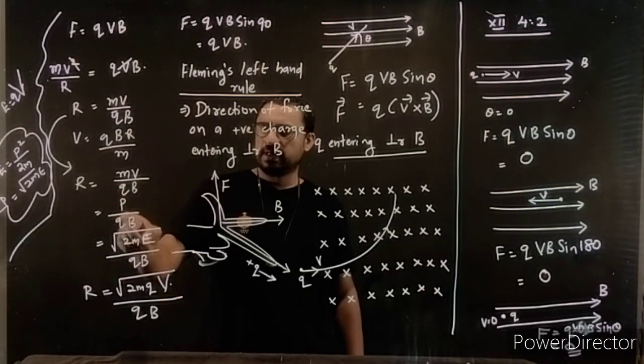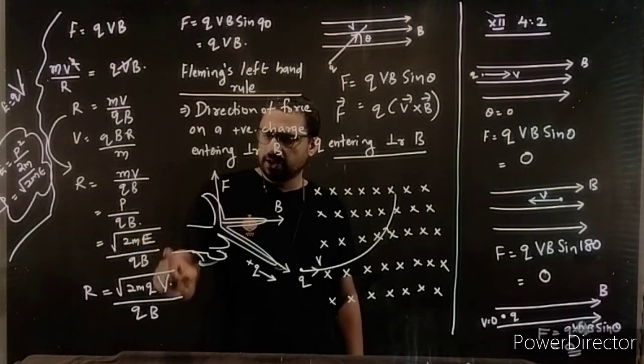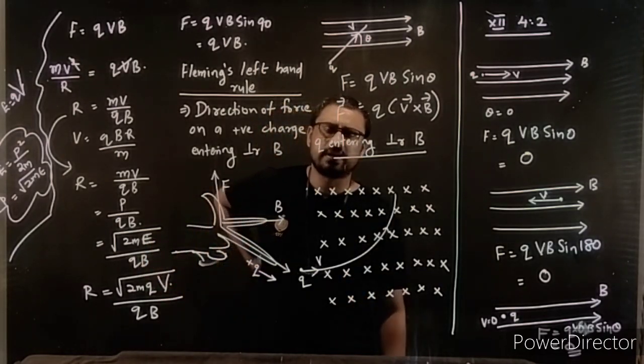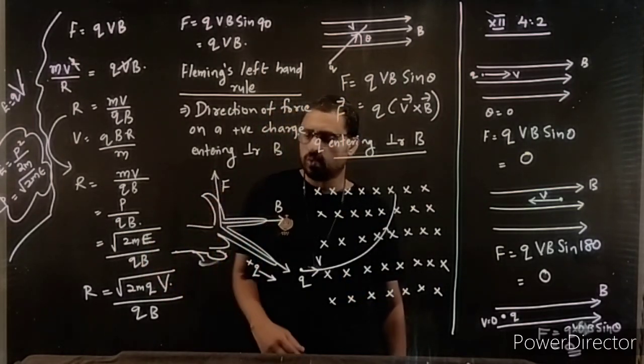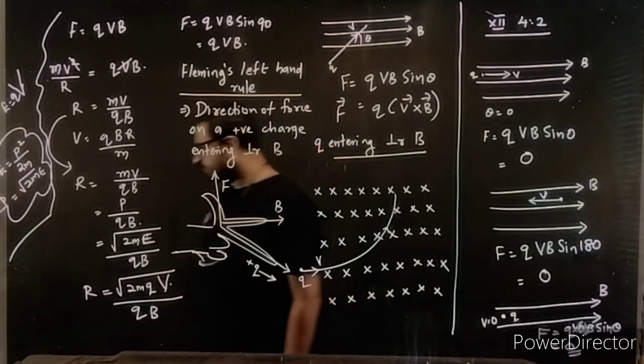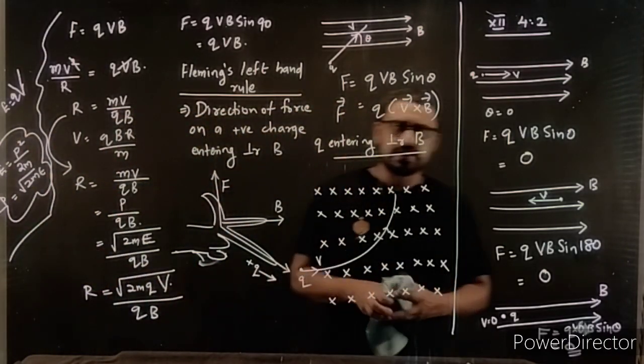And that mv by qB can have different forms. mv equals momentum, momentum equals root of 2mE, and E equals qV. If a charged particle of charge q is accelerated by a potential difference of V volt, it acquires a kinetic energy qV. So this is the conclusion.